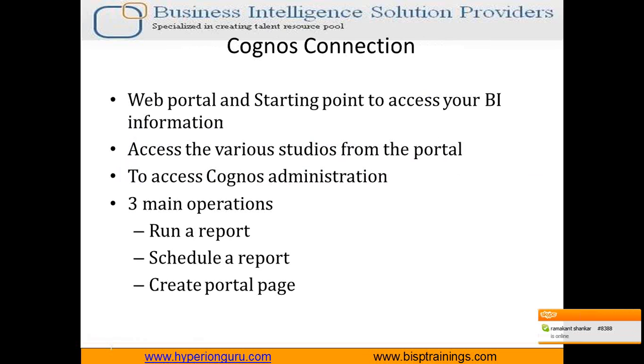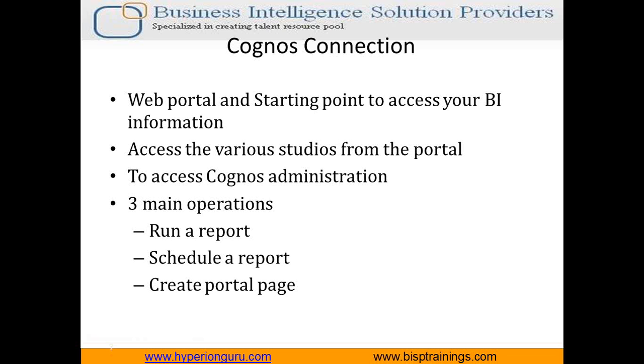Let's move on, starting with Cognos Connection. Cognos Connection is a platform, a portal, the starting point of your Cognos access. You can do many things. You can access different portals, as we talked about. There are three main operations one can do in Cognos Connection: one can run a report, one can schedule a report for a later run, and one can create their own portal pages in Cognos Connection.